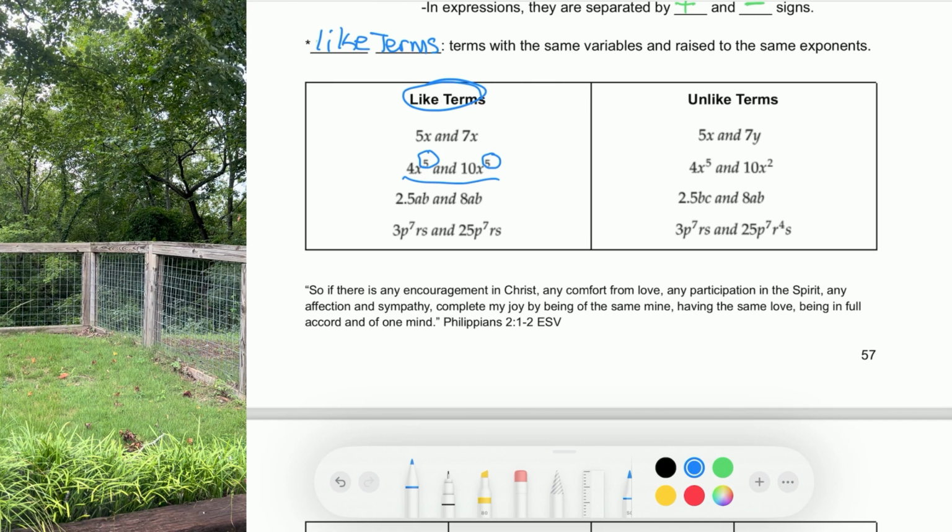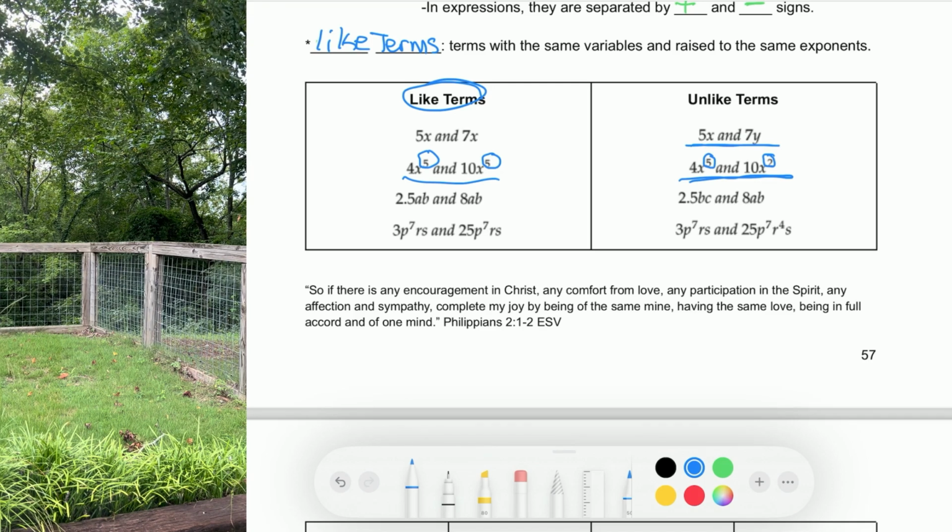Now let's look over here on the unlike terms and just compare that one with this example. You'll notice it's called an unlike term, and the reason is because the power attached to that x is different. One of them has a 5 and one of them has a 2. Those are unlike terms. They cannot be combined with addition or subtraction, okay? The one above that, when we were talking about the 5x and the 7x, looking over here at the unlike terms, we have a 5x and a 7y.